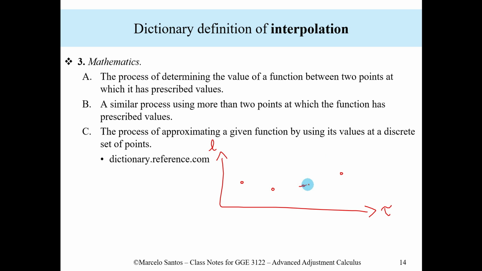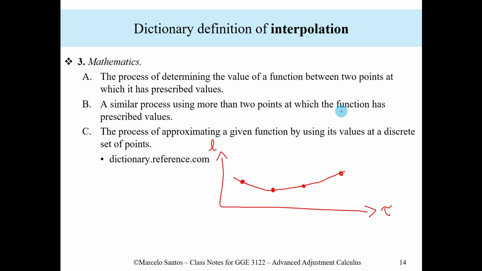So if we have a function connecting 2 points, indeed, we can determine values between them. A similar process uses more than 2 points at which the function has prescribed values.